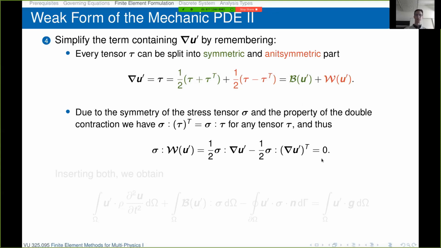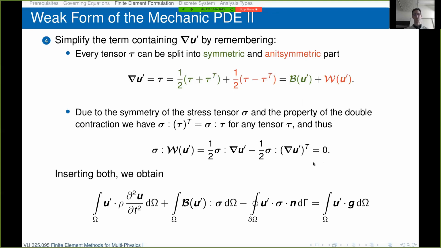So therefore, if we insert these two rules, we can write instead of the gradient of u prime, simply our B operator of u prime. So this has simplified the equation a little bit.